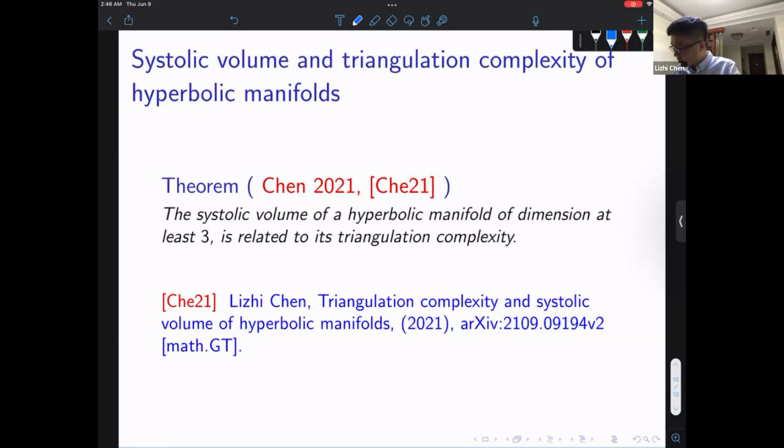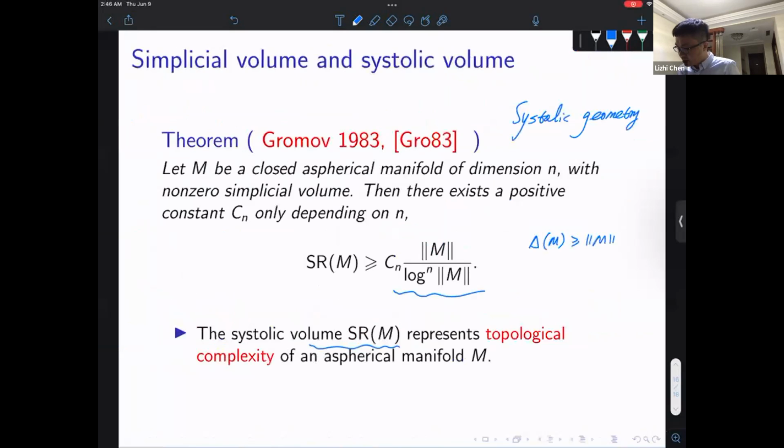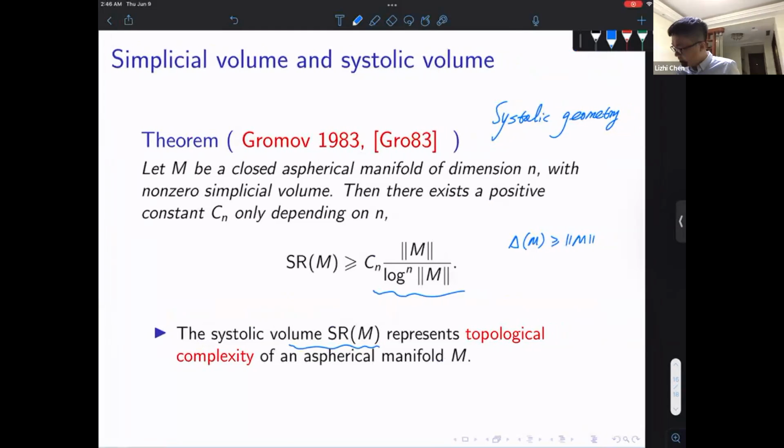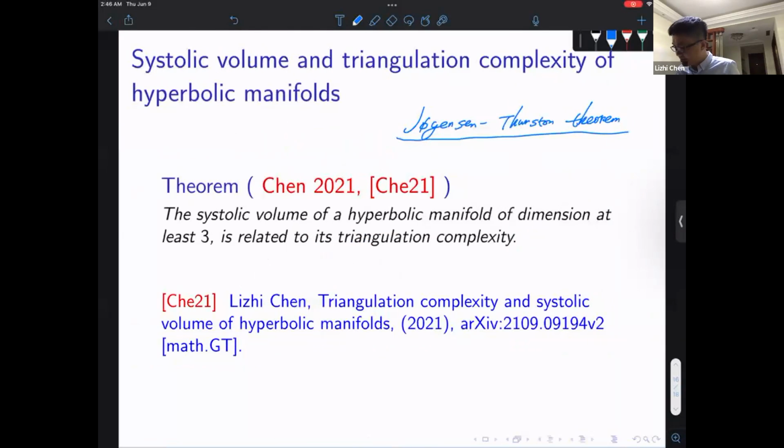For the proof of this theorem, I use the Jorgensen-Thurston theorem, which I introduced previously, as a tool, combined with the hyperbolic volume and Gromov's theorem connecting the systolic volume to the simplicial volume. This is all I want to present.